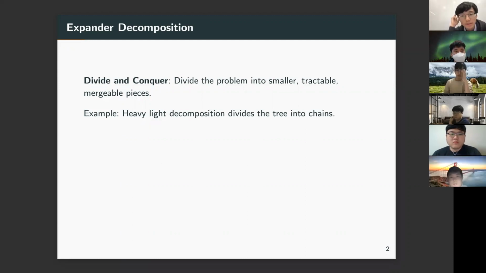So that's why a chain is easier. And chains are also mergeable because they are connected with light edges.